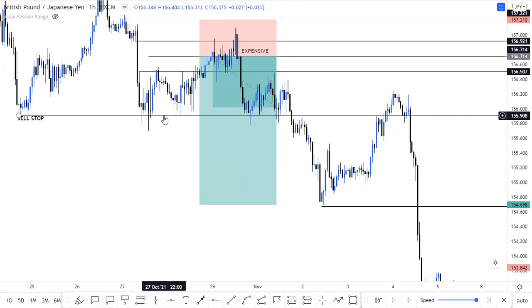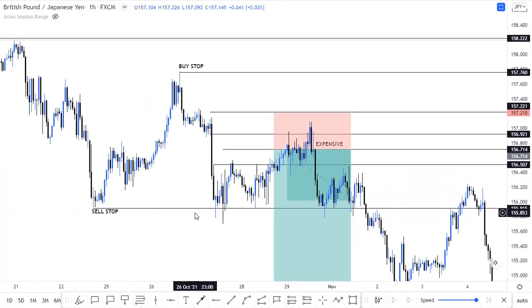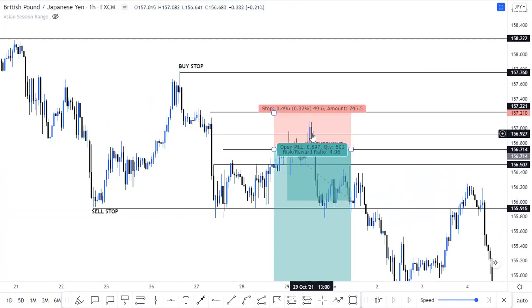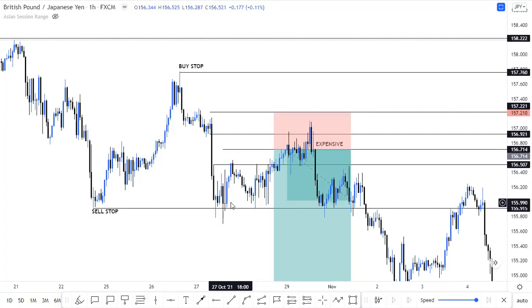What I've done here is I've just been able to find the discount and premium price, and how you are able to take a sell from premium. We don't want to sell something that is cheap, that is cheaper than the buying price. So that is just it.